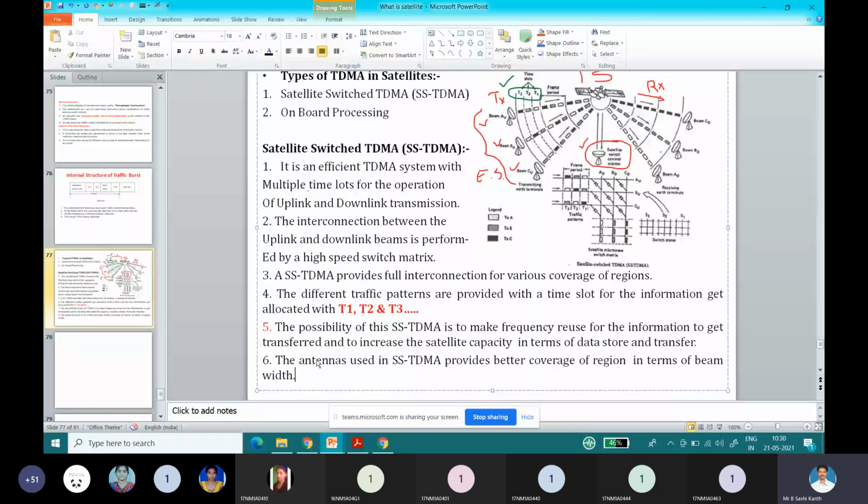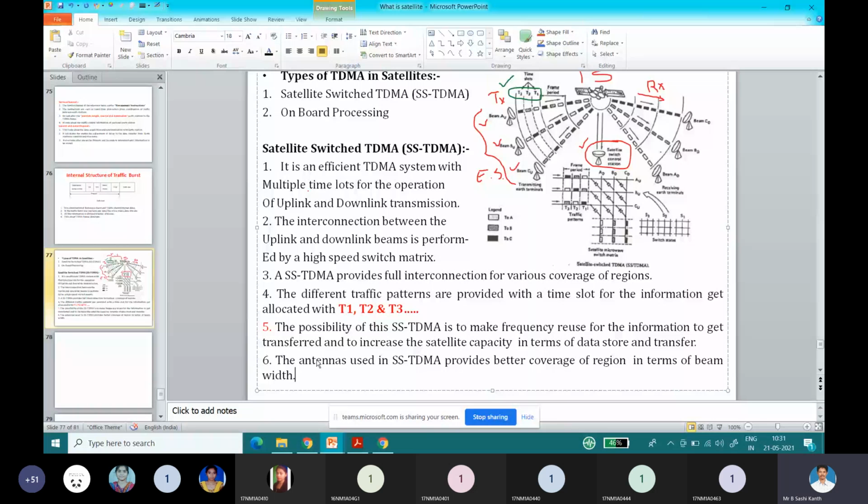So these are some points, and we will continue with some more advantages about this SS TDMA, because the main efficiency of this is providing multiple slots for the operation of uplink and downlink transmission, and there is an interconnection between uplink and downlink to have a high speed switch matrix, and also the full interconnection for the coverage region is possible. The different traffic patterns are provided with time slots allocated as T1, T2 and T3.